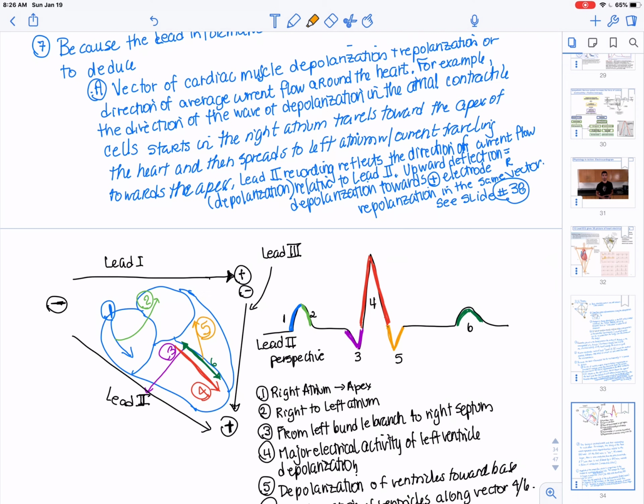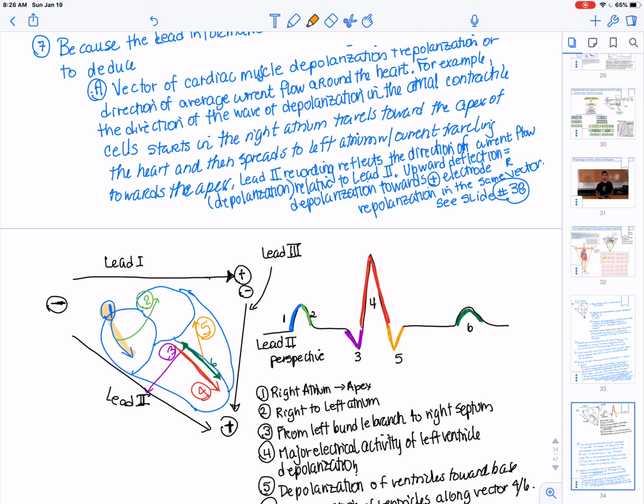The lead 2 recording reflects that direction of current flow relative to the lead.